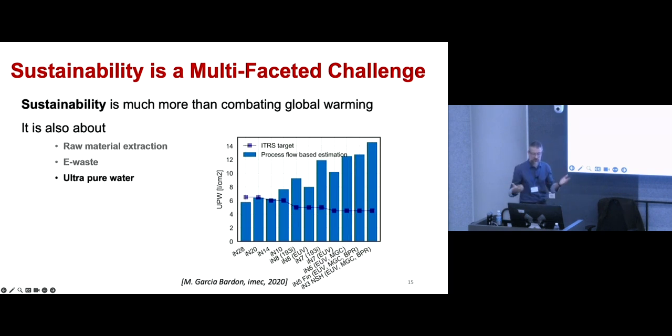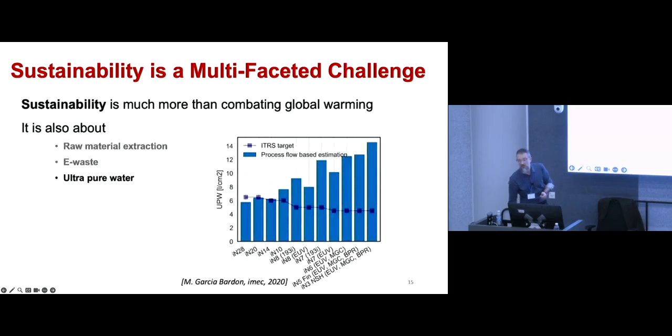They collaborate with all sorts of companies worldwide in the semiconductor industry, and they recently started a program to investigate the sustainability impact of semiconductor manufacturing. One of their results is the amount of ultra-pure water that we need per square centimeter of integrated circuit for different tech nodes, from 28 nanometer all the way down to 3 nanometer. As you can see, there's a clear increase over time in the amount of ultra-pure water that we need to clean the wafers in the manufacturing process.